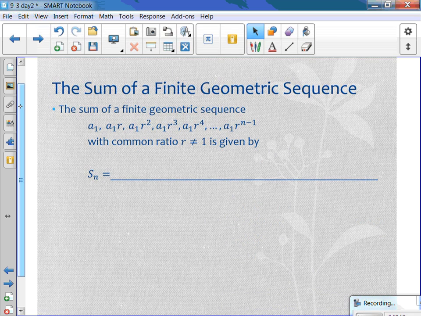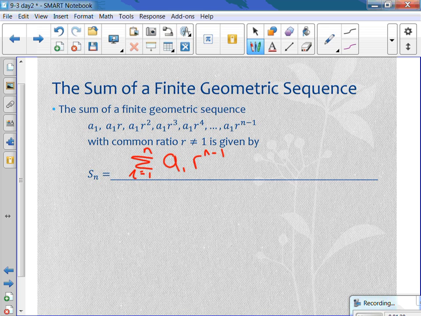So here we have our geometric sequence, a1. And again, as we saw before, we're just multiplying by r to get to the next term. So a1 r, a1 r squared, a1 r cubed, all the way up to a1 times r to the n minus 1. That gives me the first term, second term, and so forth. So our sum, which we denote by S sub n, using our sigma notation, a1 times r to the i minus 1.